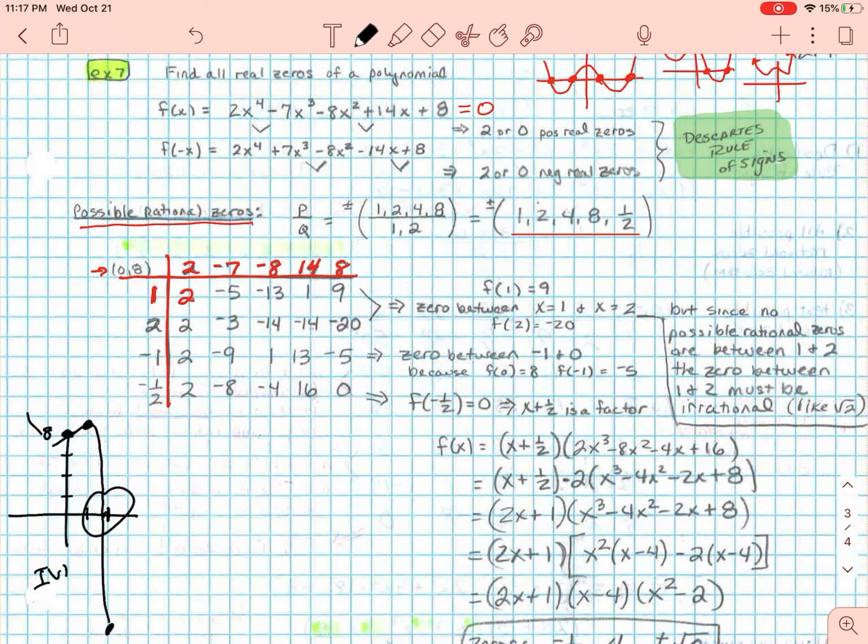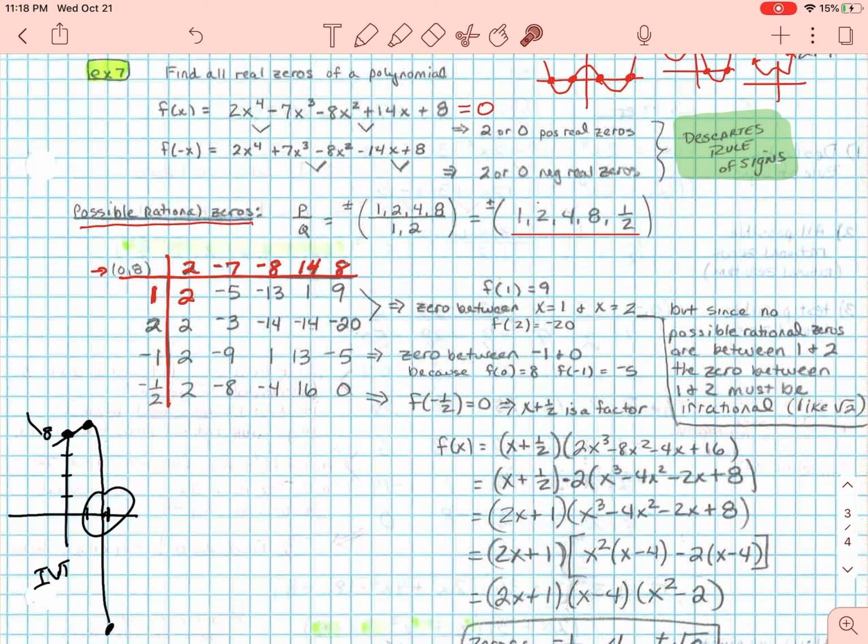And the intermediate value theorem, if you recall that, says that this function, since it's continuous, all polynomial functions are continuous, it has to contain all values between f of 1 and f of 2.